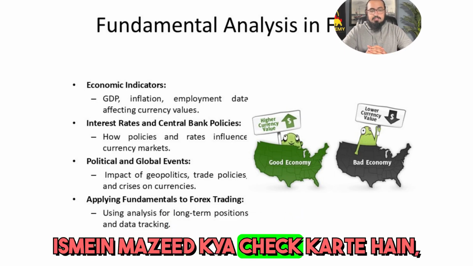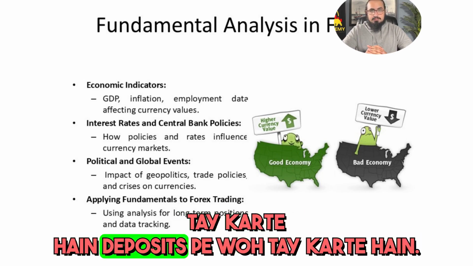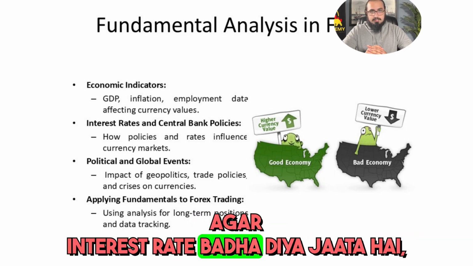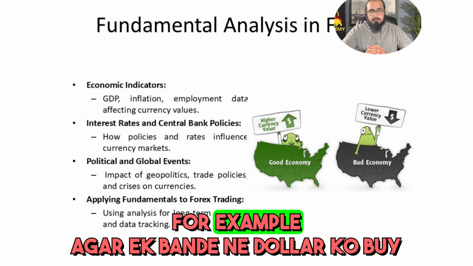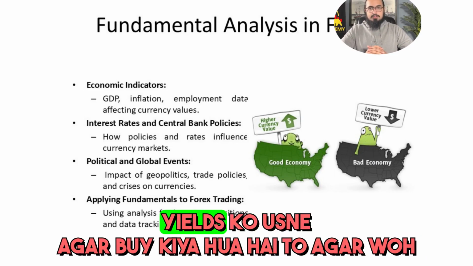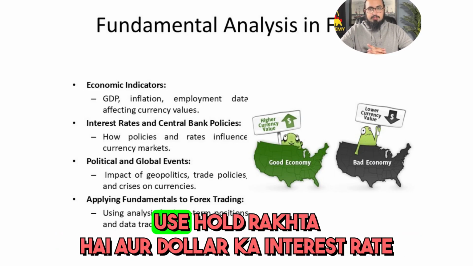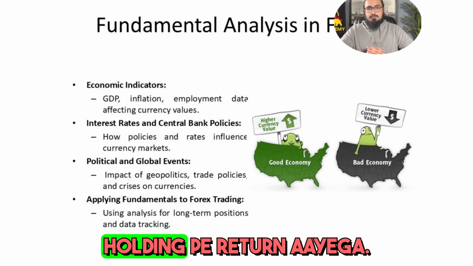And then, what do we check in this? The central bank's policy and the interest rate they set on deposits. Now, if the interest rate is increased, what effect does it have on the currency? For example, if someone has bought swaps or dollar bonds for yields, they hold them, and the dollar's interest rate is 4.5, then they get 4.5% annually.